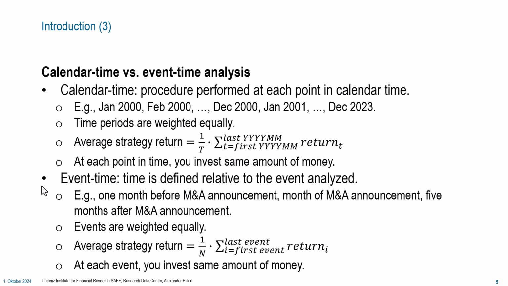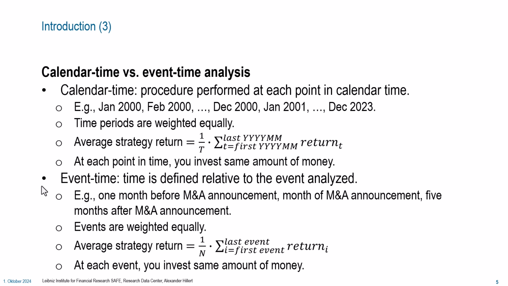And here our unit of observation is not a calendar month, but it's the event analyzed. That is, we weight all M&A announcements equally. So if we have 1,000 M&A announcements, we will determine the performance for each of the 1,000 announcements and then take the equal weighted average across all announcements.